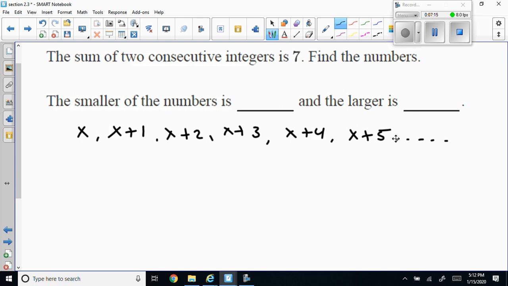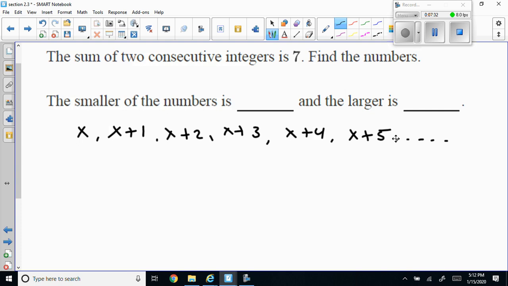That series or sequence will produce consecutive numbers if you're given an x value. So that's what you're going to use to solve this.